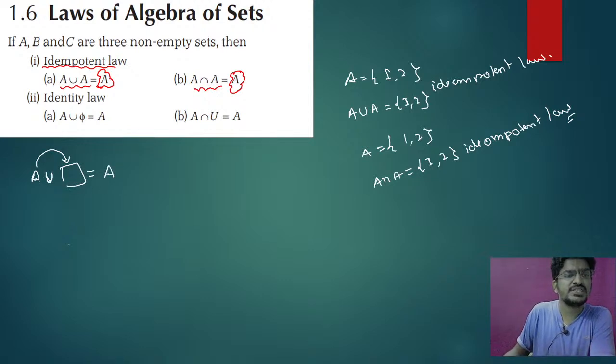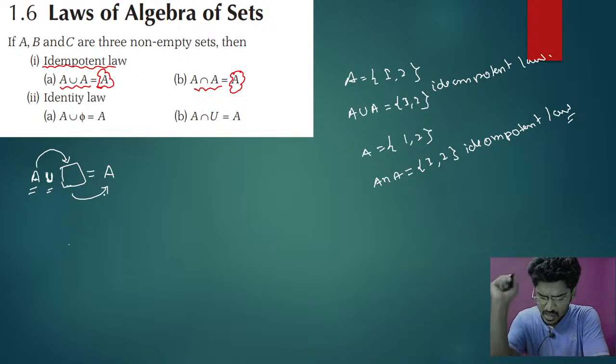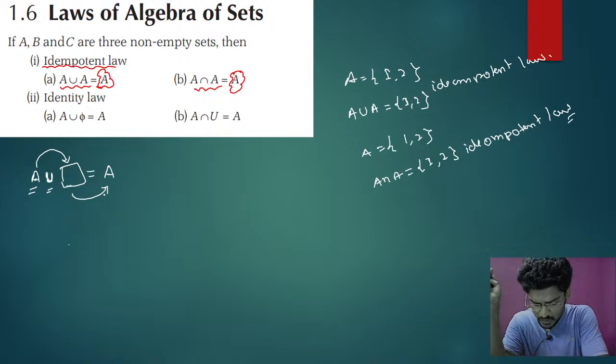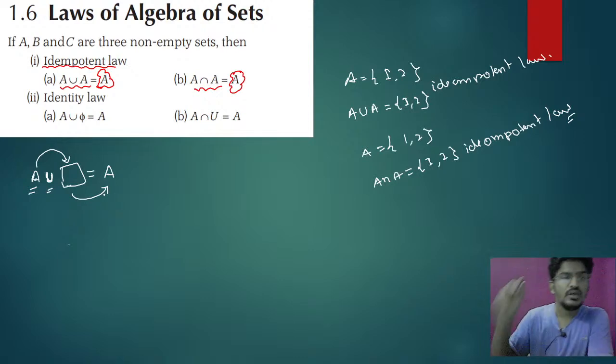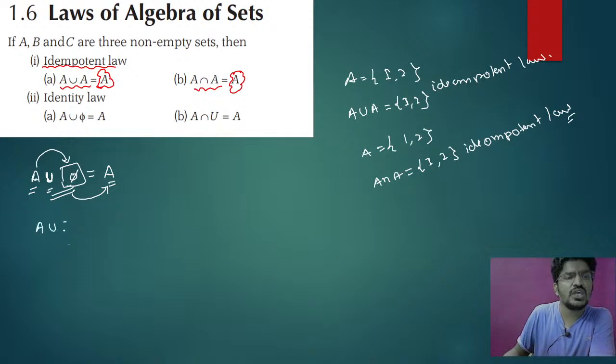I have set A. If I make union with this box, I must get the same set. So here A union, this set becomes A. That is nothing but empty. I can write it as empty.